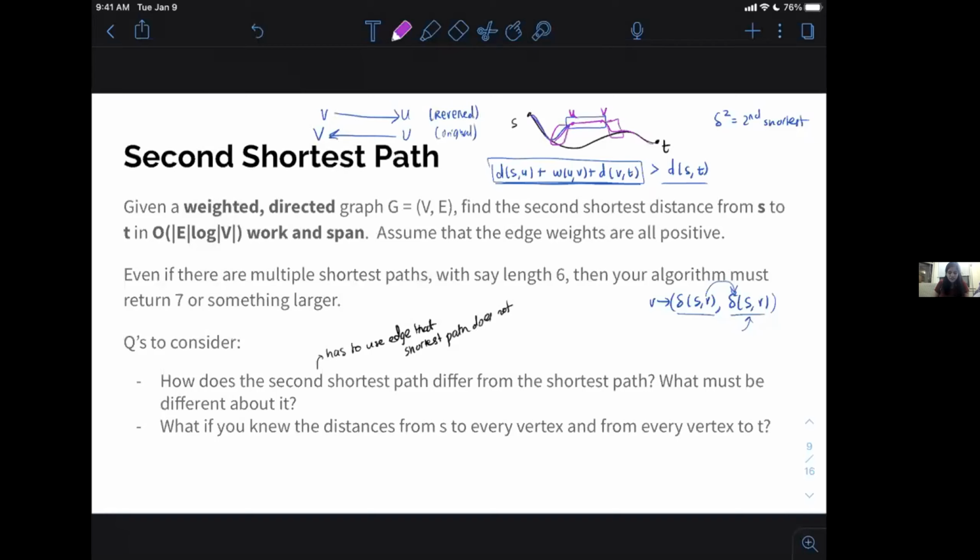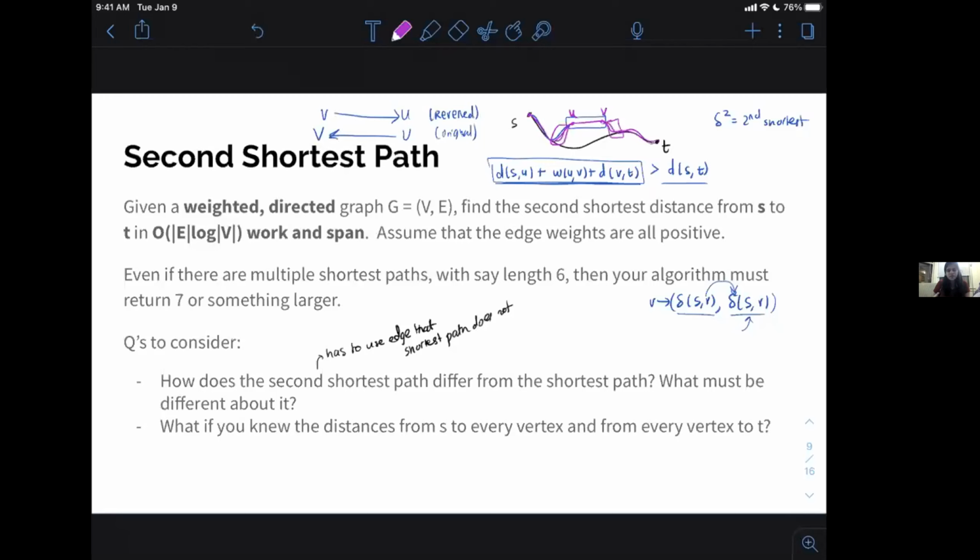You still want this to be the shortest path from S to U, and this to be the shortest path from V to T, because of the subpath property. If this wasn't the shortest path from S to U, you could change it to be and you would get a smaller second shortest path.